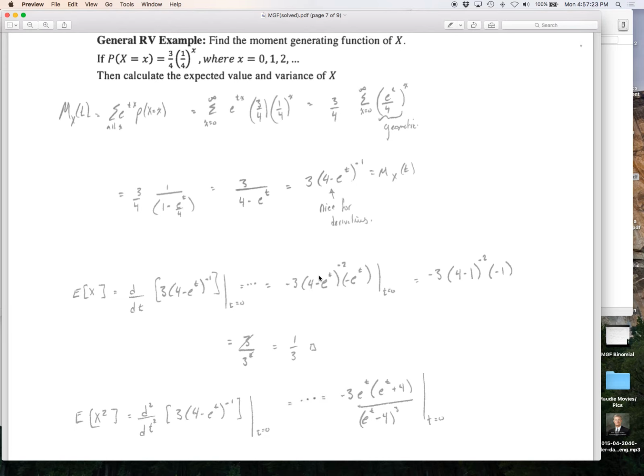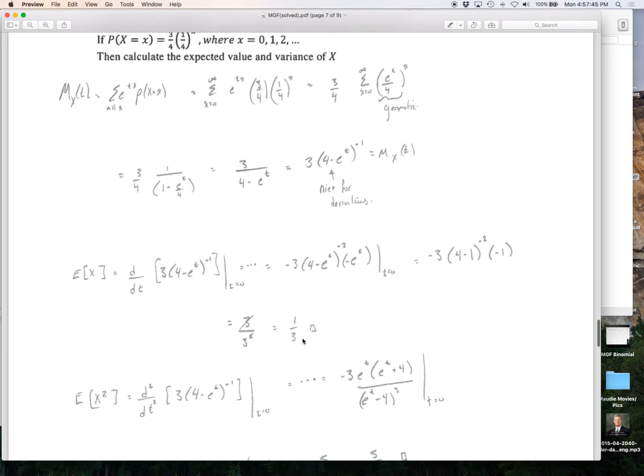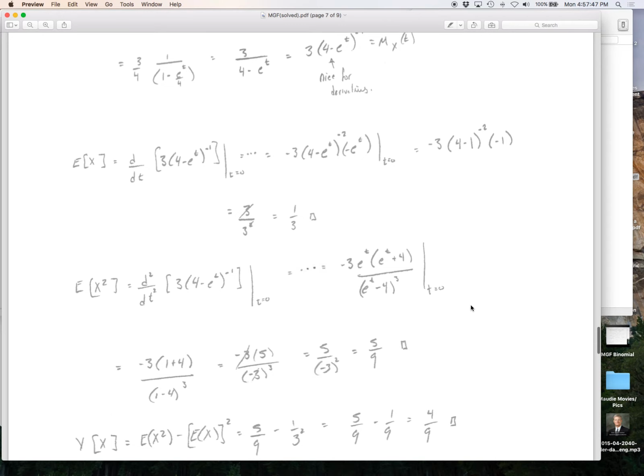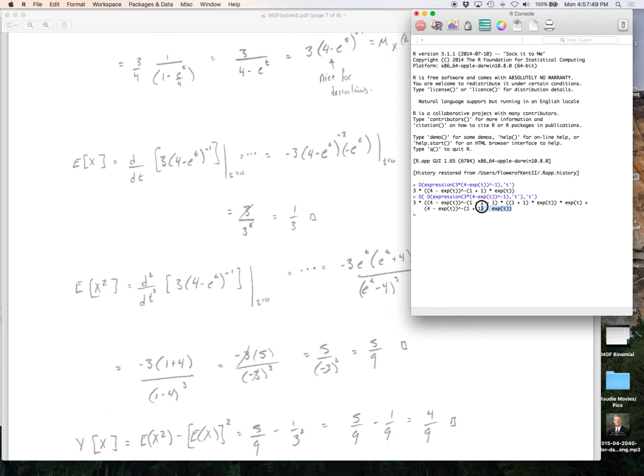But if I sub in t equal to 0, this just becomes a -1 and this becomes a 1, and I get some cancellation. I get -3 divided by 3 to the power 2 times -1, which is just 3 divided by 3 squared, or 1/3.